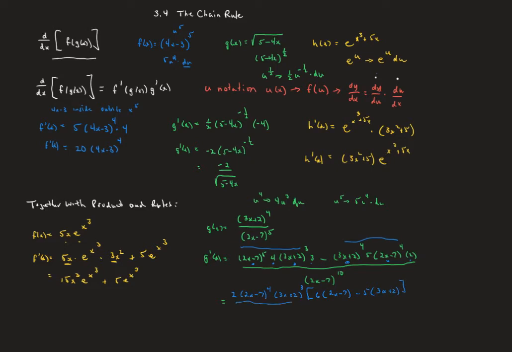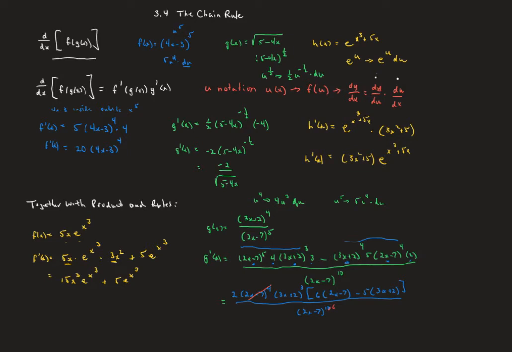That's all over the (2x minus 7) to the 10th. Is that right? Yes. So it looks like we can cancel 4 of those 2x minus 7s with 4 of those, leaving behind 6. So now I'm running out of space.